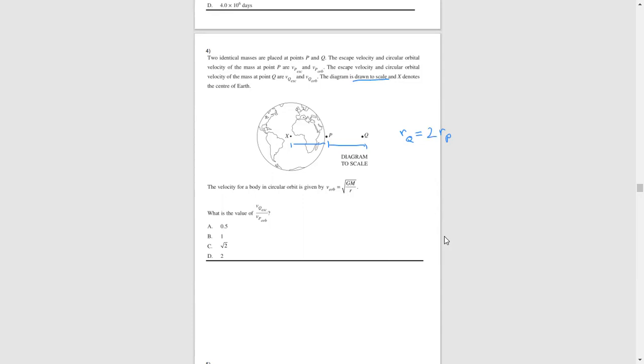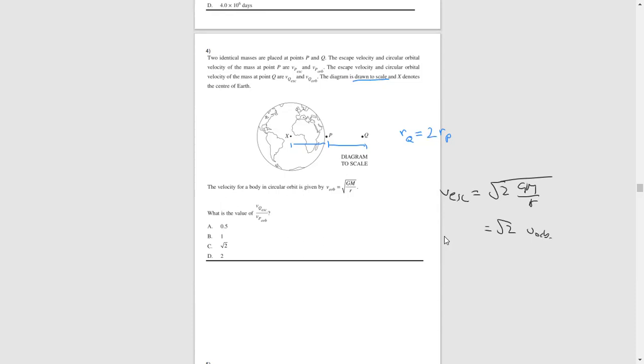What's the value of escape velocity of Q versus orbital velocity of P? Well, we know escape velocity is root 2GM over r. In other words, it's root 2 times orbital velocity. We covered that earlier.